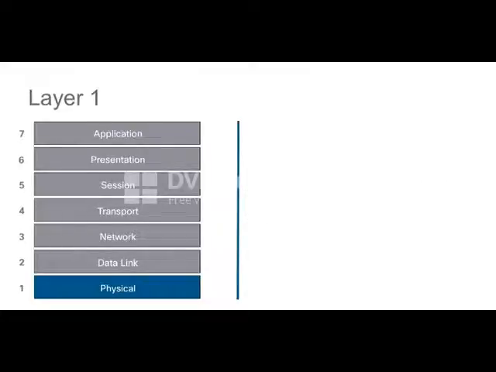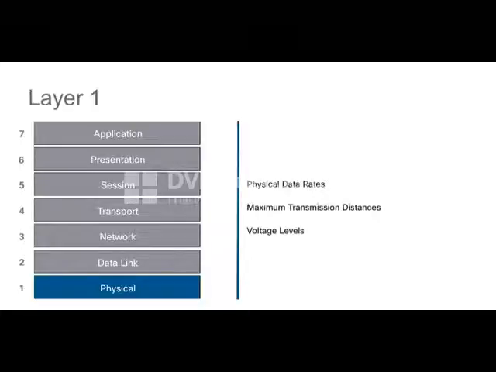So the types of things that you're going to see here at the physical layer will be things like physical data rates and maximum transmission distances because of the type of transmission we're doing. So sort of laws of physics playing a part here. Other attributes would be voltage, or the timing of the voltage levels, things along those lines.